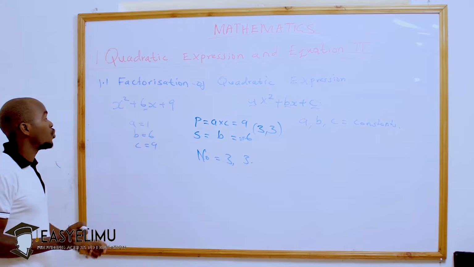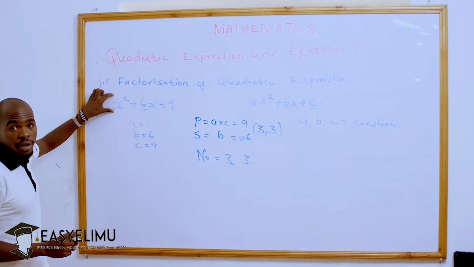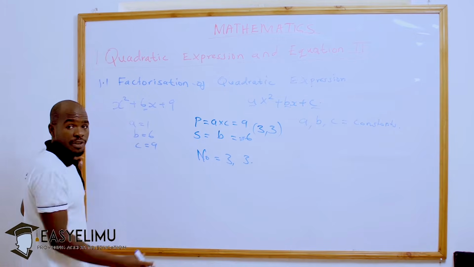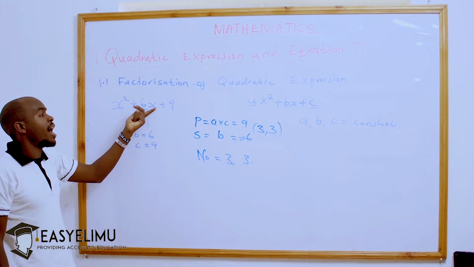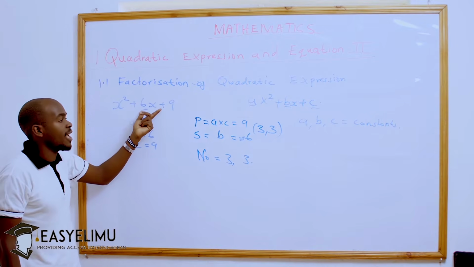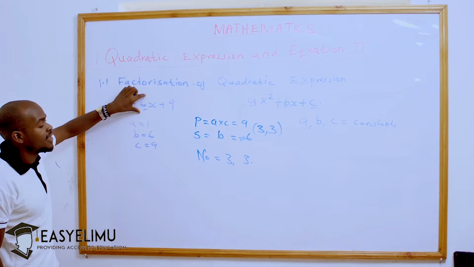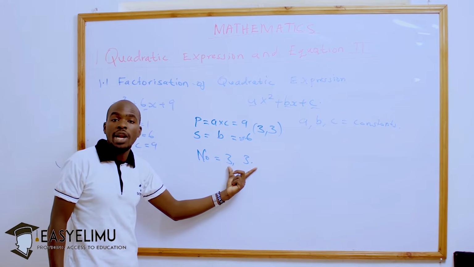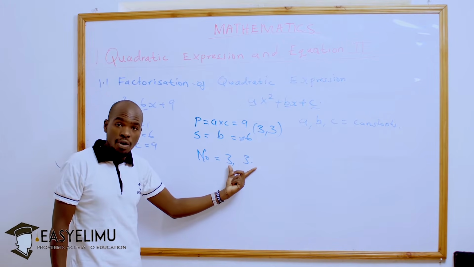So we are going to factorize this equation with the two numbers, whereby where we have bx, which is now positive 6x, we shall replace it with the two numbers having the variable x.